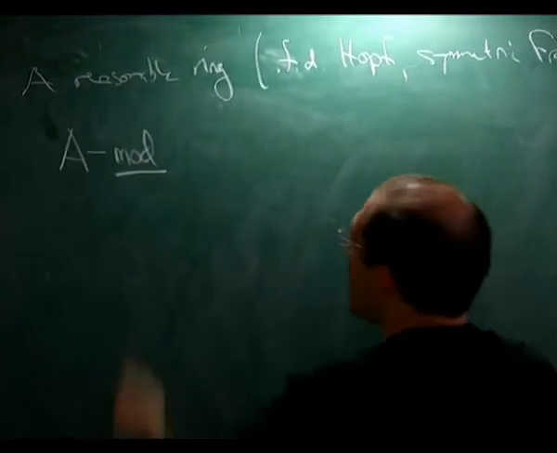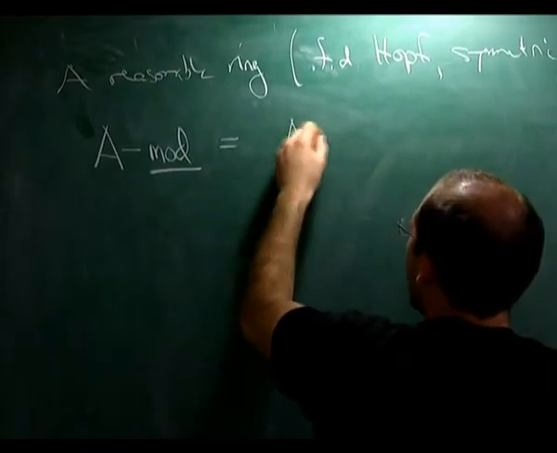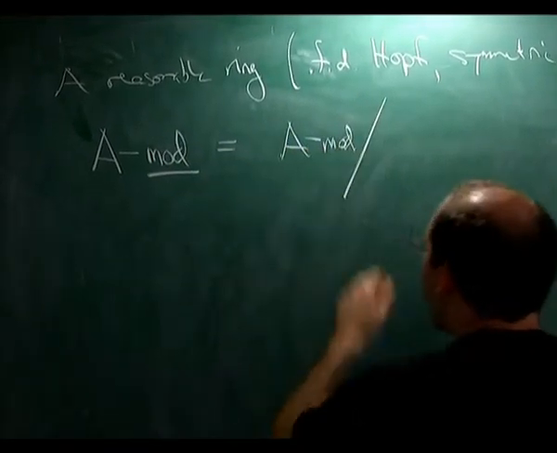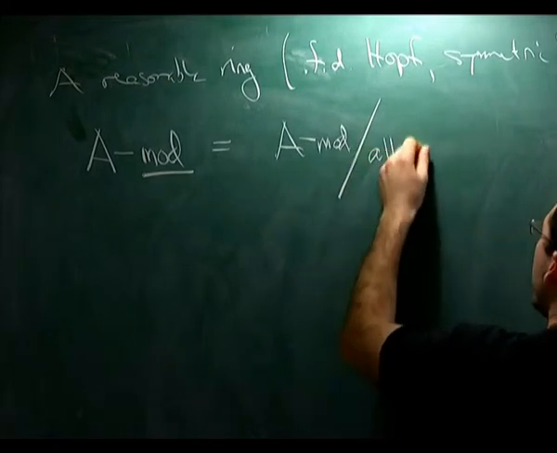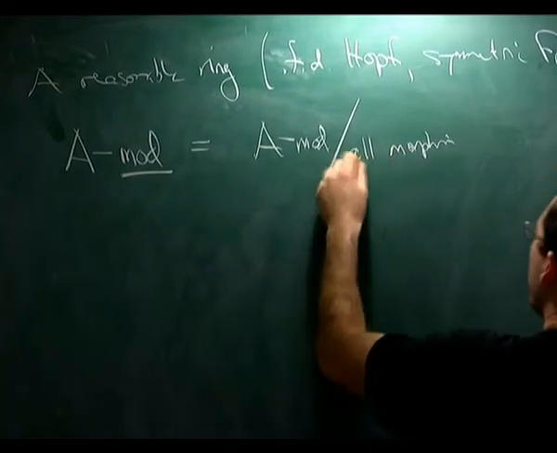By definition, this is the category of A modules where you kill all morphisms factoring through projectives.